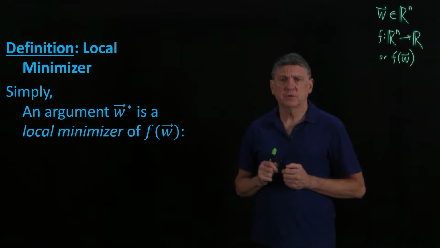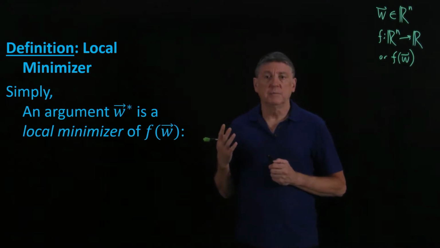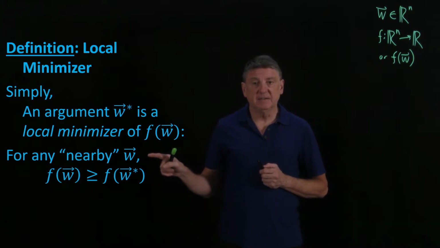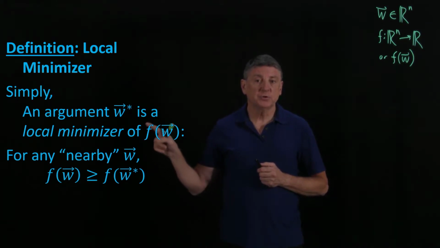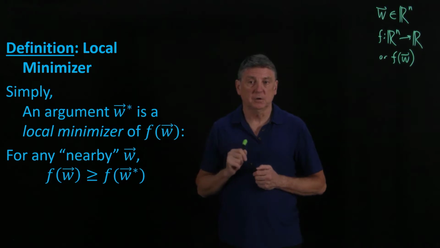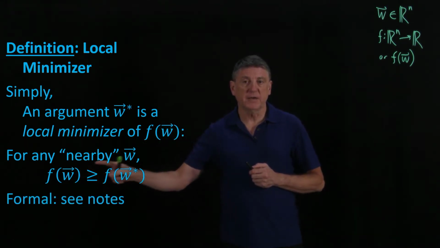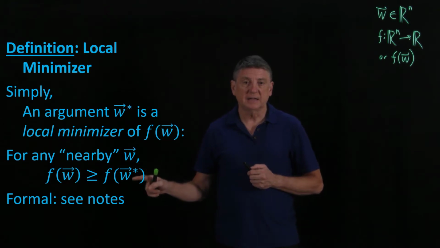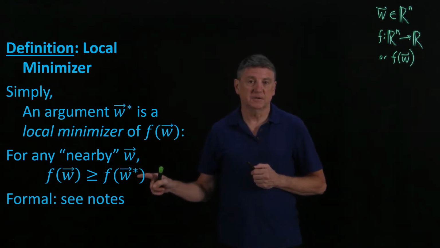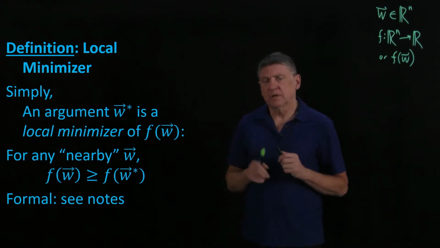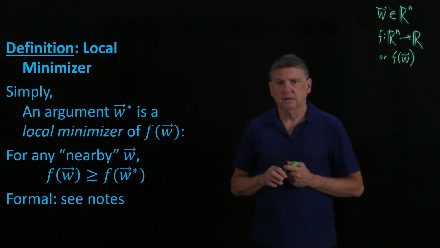And if we want to go to a local minimizer, now what we mean is for any W that is close to W star, the function evaluated at it is at least as large as the function's value at that local minimizer. And formally, you can see our notes for that.